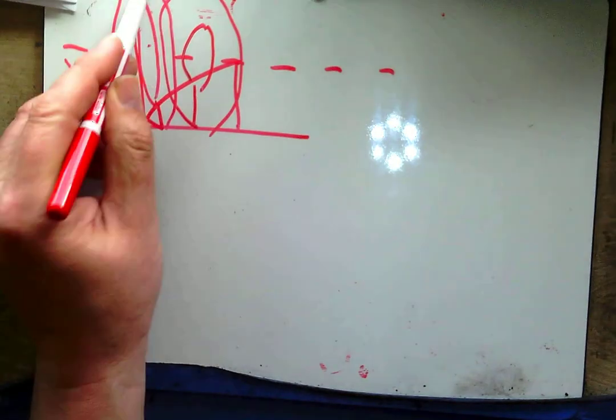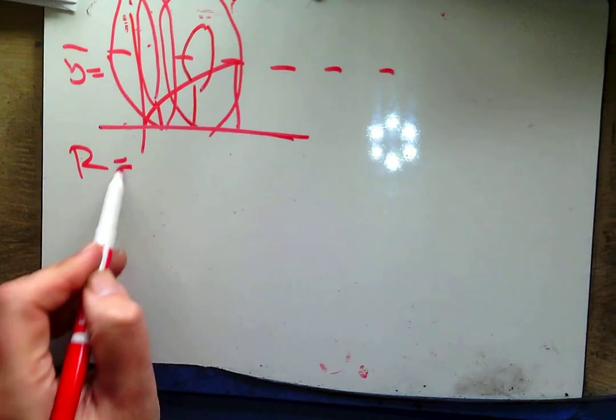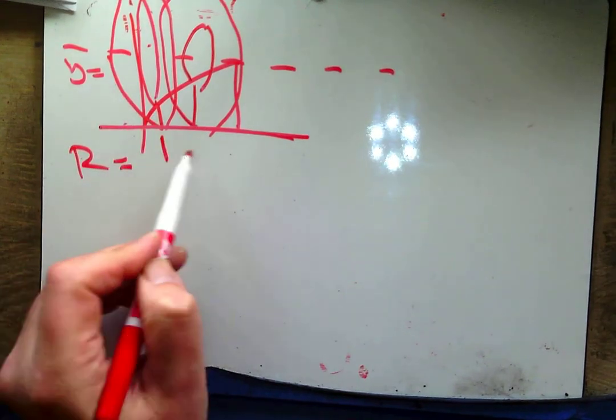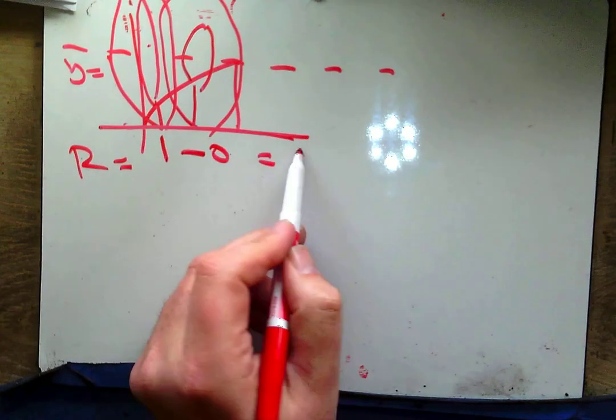But big R stays the same. Big R is 1 minus 0, high minus low, 1.